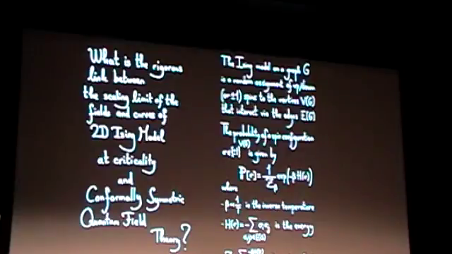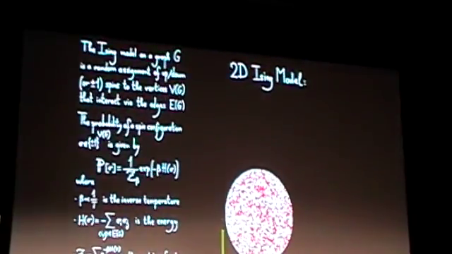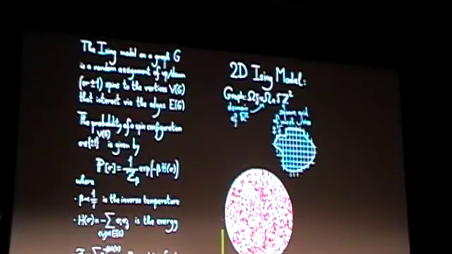Okay, so now let's discuss the 2D Ising model. What happens when the graphs get large and approximate some physical shape? So what is it? You just take as a graph a discretization of a continuous domain.